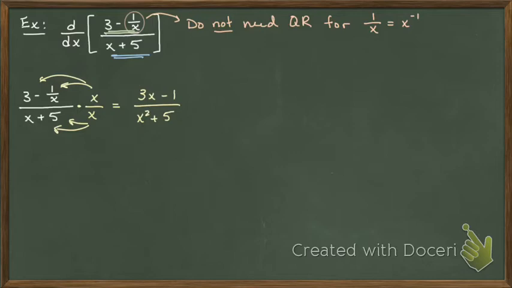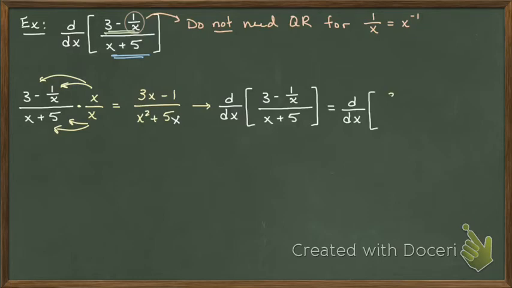This, I can now just go right into the quotient rule, and actually I forgot an x here. From that, when I take the derivative of the original mess, that's going to be the same as taking the derivative of this new expression here. Again, I forgot an x.